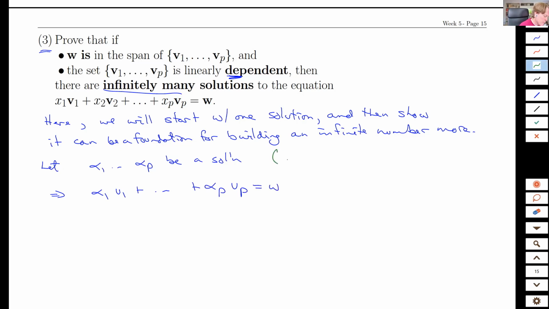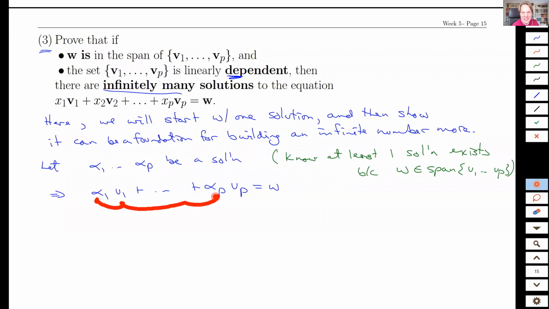And a little side note, we know at least one solution exists, because w is an element of the span of v1 to vp. If w is in the span, then I can add up some set of coefficients for the v's and get w. That's what it means to be in the span: there's a way to linearly combine the vectors to get w.